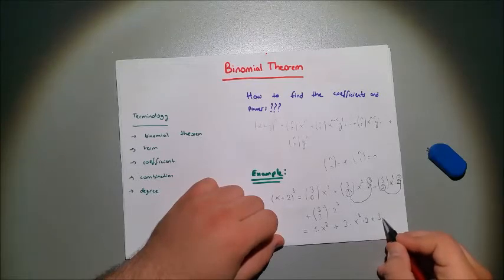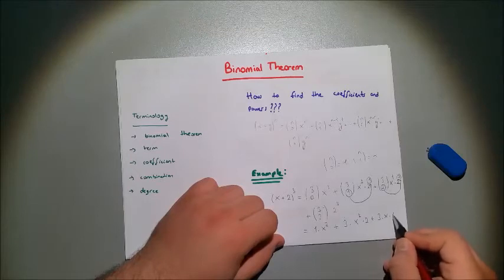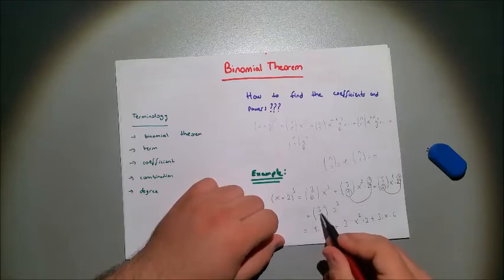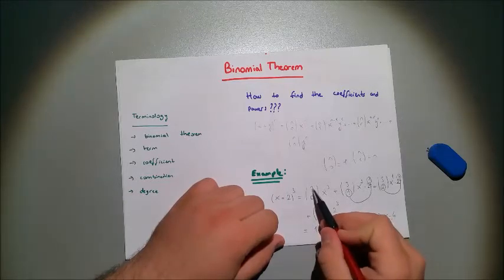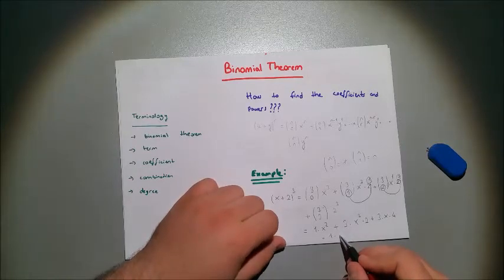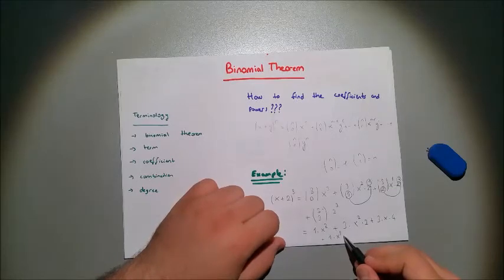So I put 3 again, times x, times 4, plus 3 to the 3 is actually equal to 3 to the 0, and it's 1, times x to the power 0, times 8.